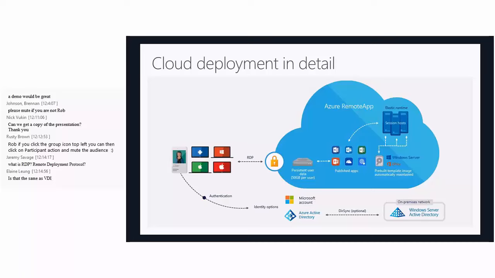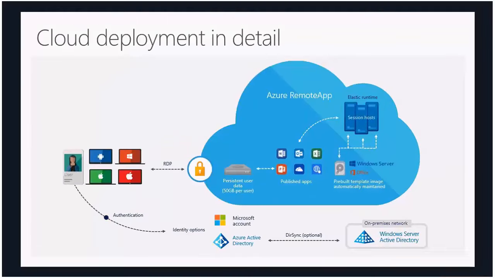Okay, so VDI, Virtual Desktop Infrastructure, talks about primarily the client OS in a virtual machine being delivered one user per VM. Remote Desktop Services gives me multiple users per instance.